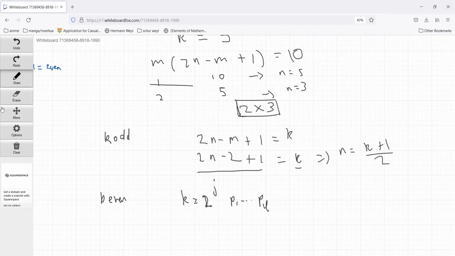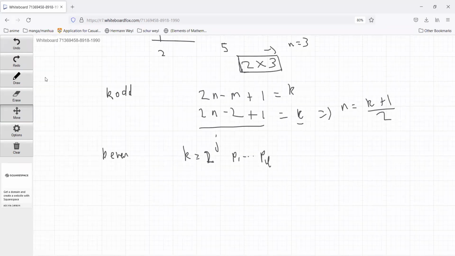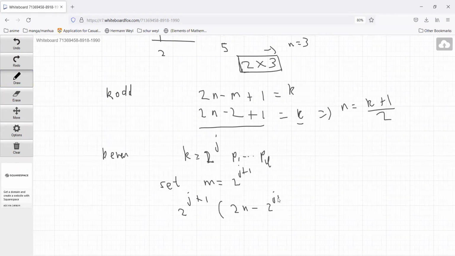We just set, I think we just set m equals 2 to the j plus 1, right? So then you're going to have 2 to the j plus 1 times 2n minus 2 to the j plus 1 plus 1 is equal to 2 to the 2 times k.